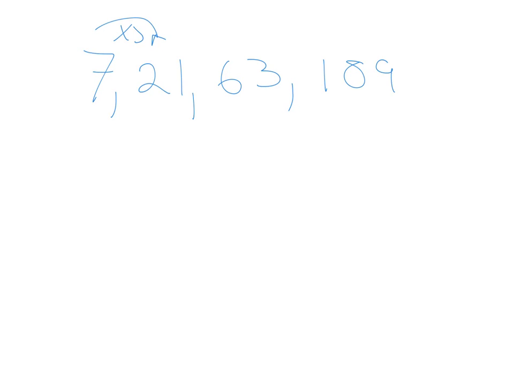So here we have a sequence: 7, 21, 63, 189. And what's happening each time is we're multiplying by 3.